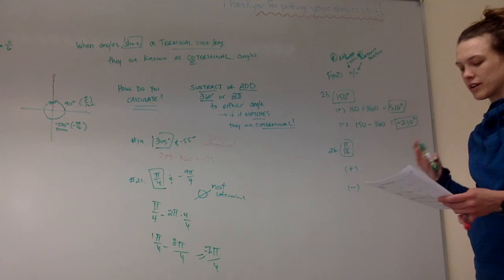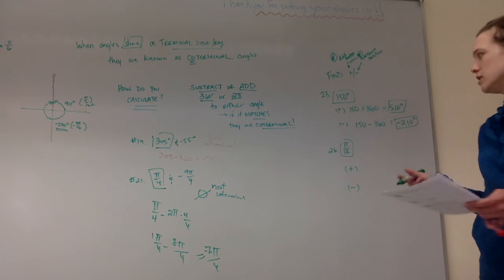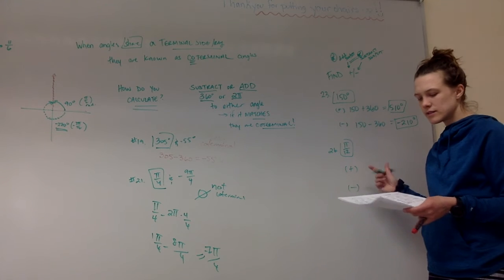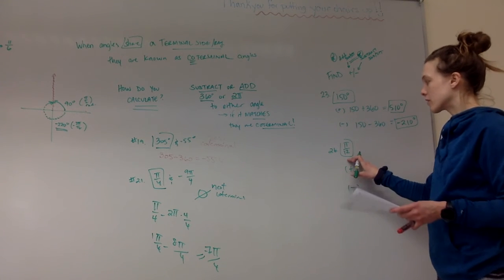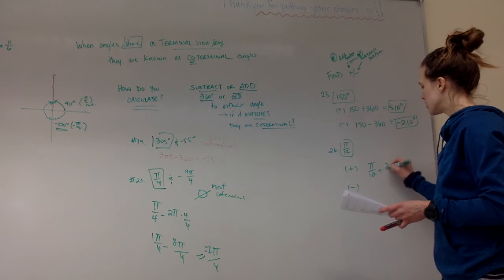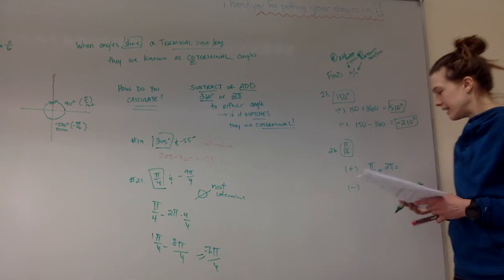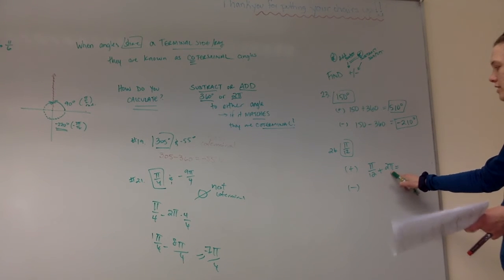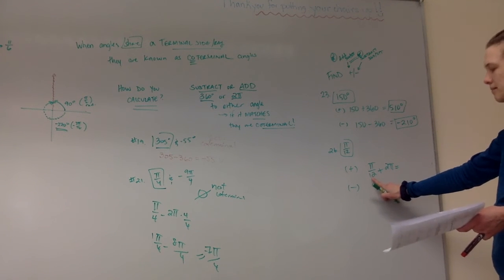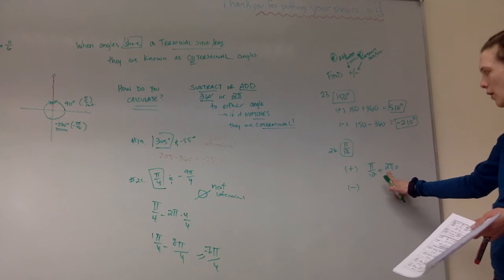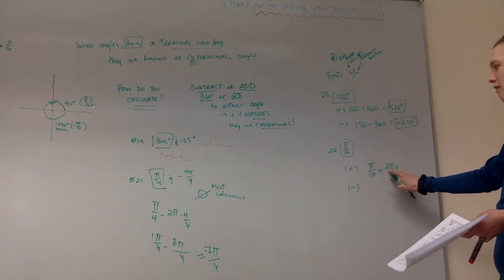24 and 25 work exactly the same way using degrees as units. For 26 through 28, we're working with radians. To find the positive coterminal angle here, I would do pi over 12 plus 2 pi. I can take the denominator 12 and multiply it by the 2 and know that this is 24 pi over 12.